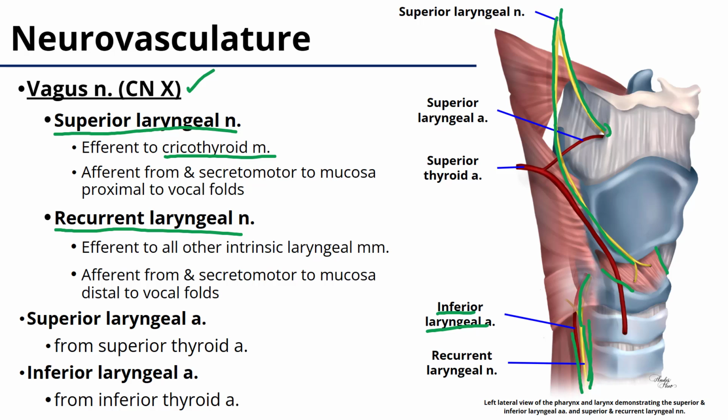And the recurrent laryngeal nerves are afferent from and secretomotor to the mucosa distal or inferior to the vocal folds. So that covers the innervation.